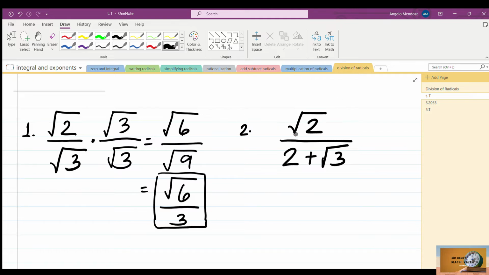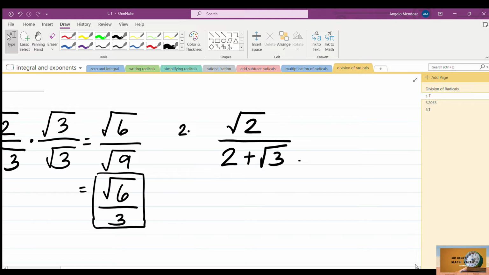Okay, next, for number 2, you have square root of 2 over 2 plus square root of 3. Here you will notice that we have two terms: 2 and plus square root of 3. So what we do is we get the conjugate of the denominator.